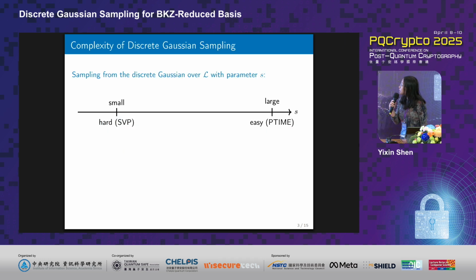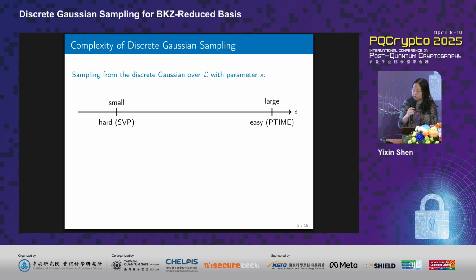So the complexity of this problem really depends on the parameter s. When s is large, it's usually very easy because the discrete Gaussian is very close to the continuous one. So we can just sample from the continuous Gaussian and then round to the closest lattice vector.